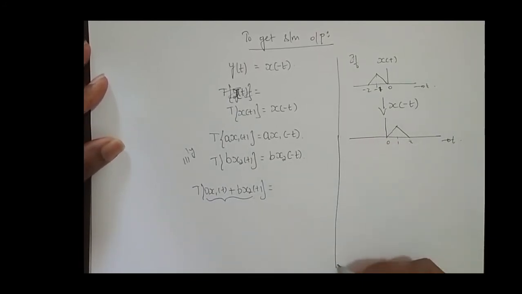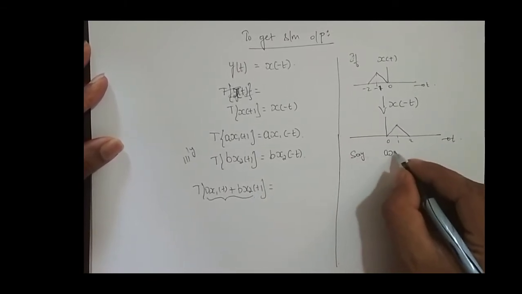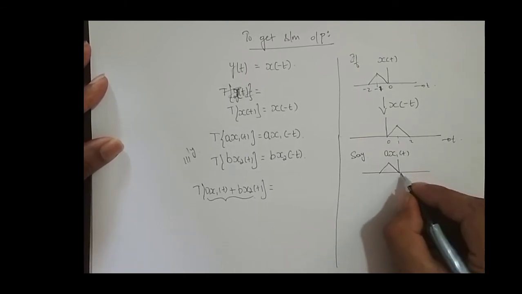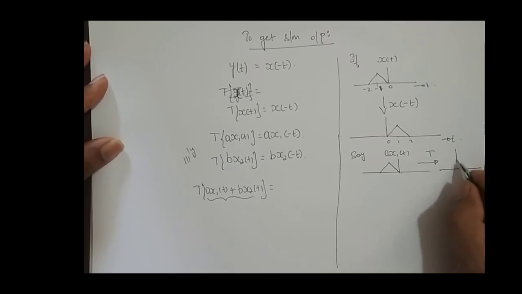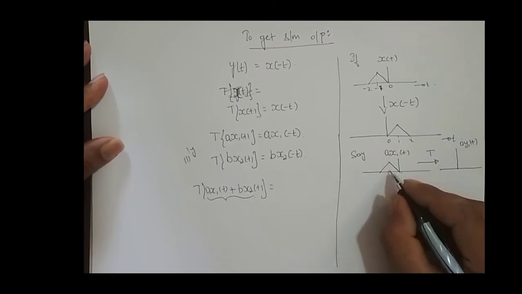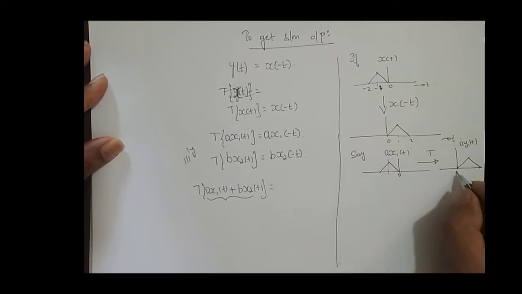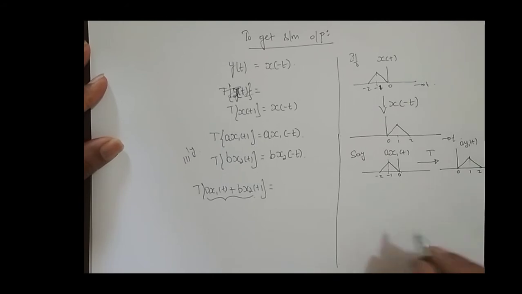Let me just tell you what's happening. Say a times x1 of t is this. If I feed it to the system, what is the output I get? It is actually a times y1 of t, which is the time reversed version of this signal, right? So this is 0, this is 0, minus 1, minus 2, this is 1, this is 2.